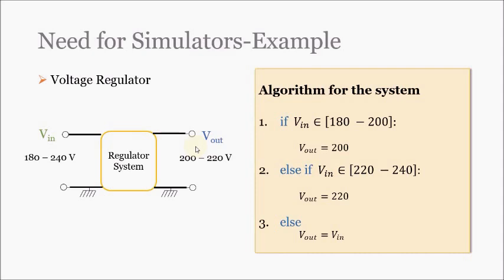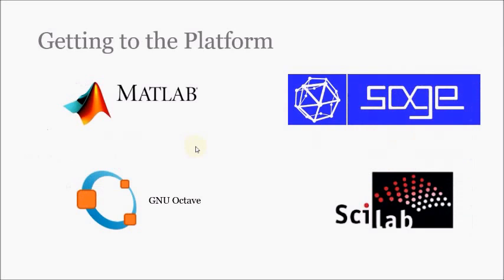Now one can easily write a short code and see the functionality of the system through the abstraction that we have enabled here. Finally, we get down to some of the platforms that are available to perform this simulation, to perform the modeling, and to see how the real world can be modeled using one of the tools.